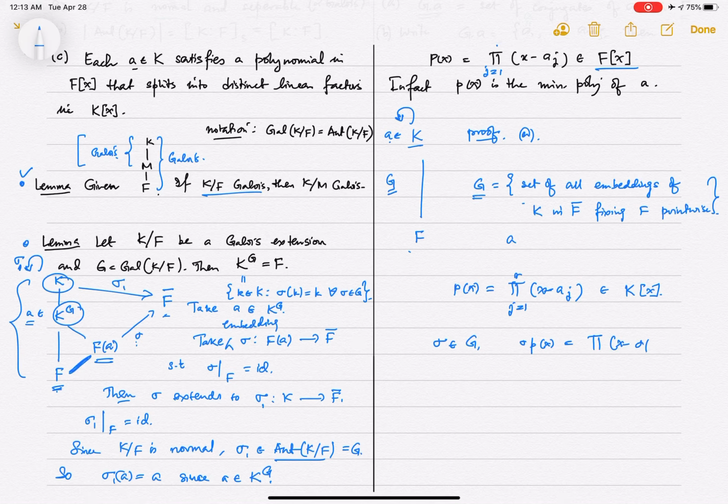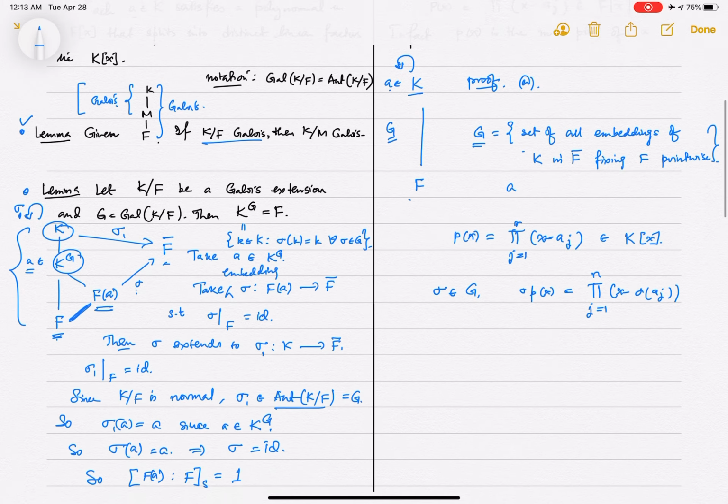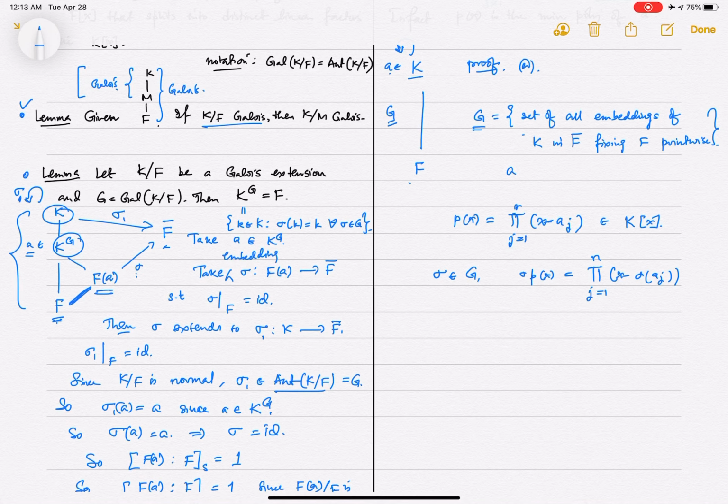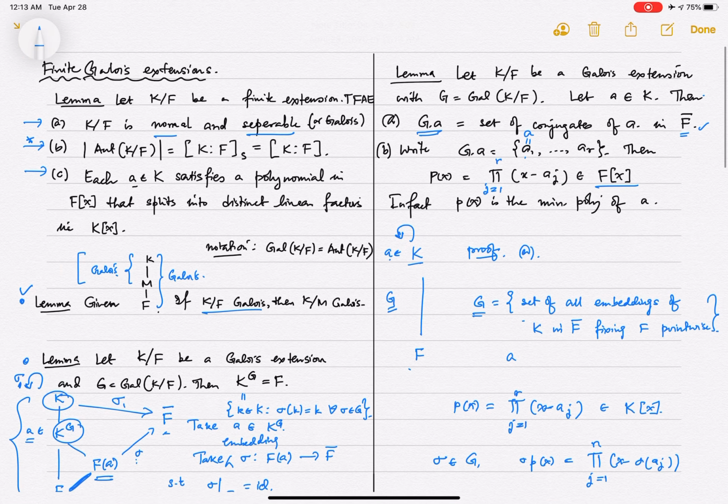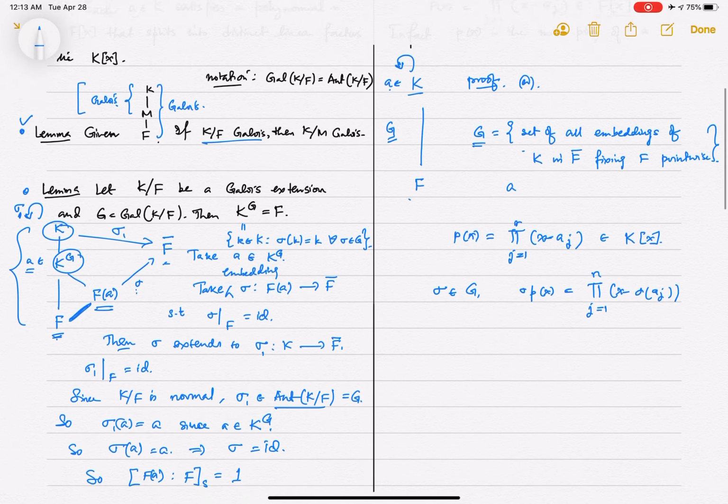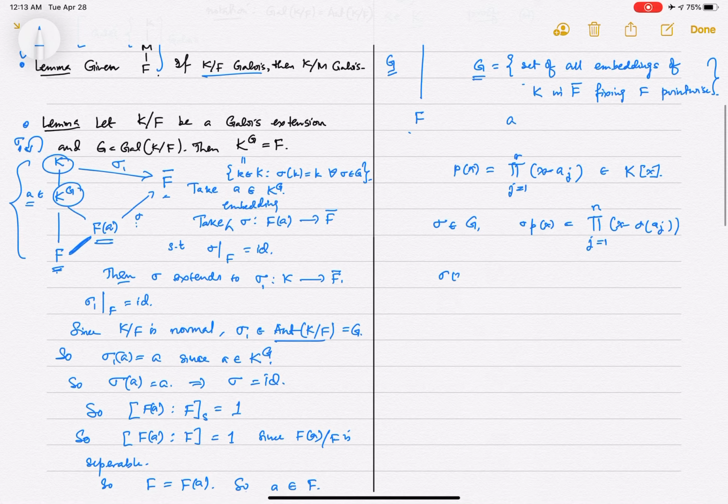Then you get sigma Aj. But the Aj form an orbit. So if you hit it by any element of the group, the orbit just gets permuted, meaning these conjugates of A just get permuted when you hit them by any element of the Galois group. So sigma A1 through sigma Ar, this list is exactly the same as the list A1, A2, through Ar.